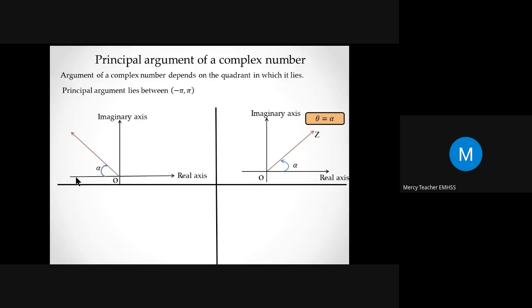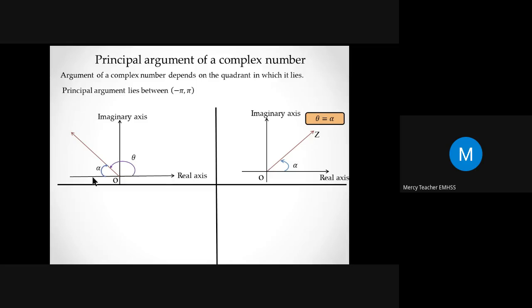If you want to mark the angle between the real axis and this line, you will mark it like this. So this is alpha. Now we want to find the principal argument. The principal argument will always start from here to this line. So theta is the principal argument. We want only the principal argument. So the principal argument theta will be equal to what? If you want to find this angle, how will you find? This whole line is what? Pi.